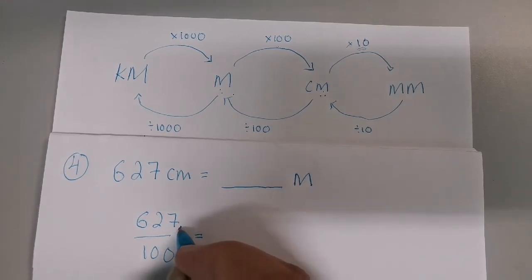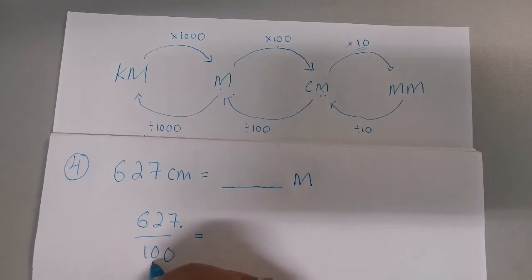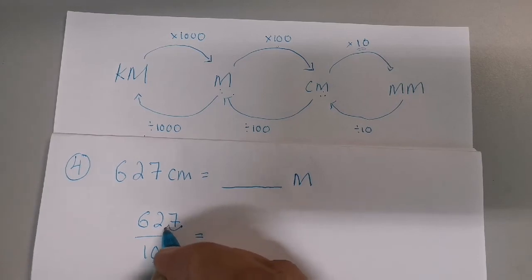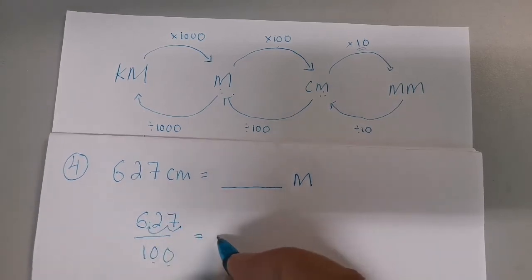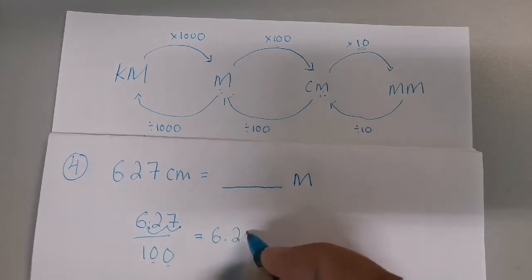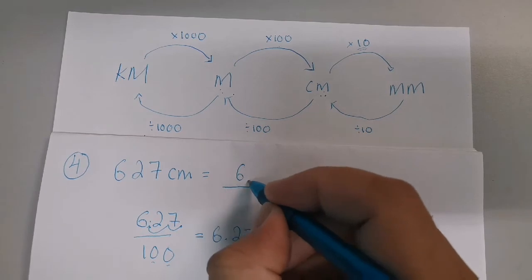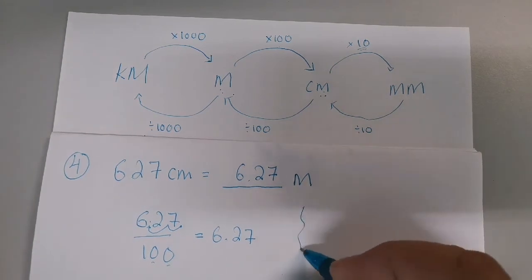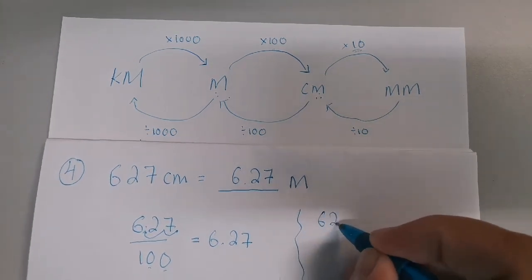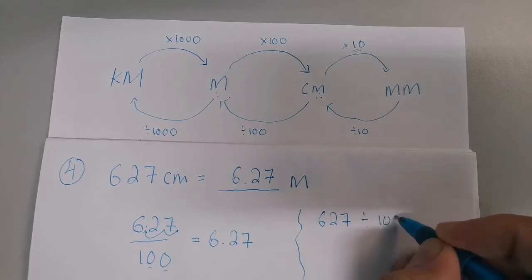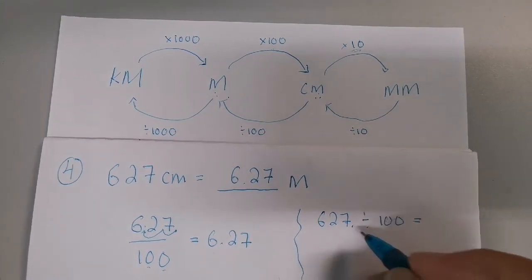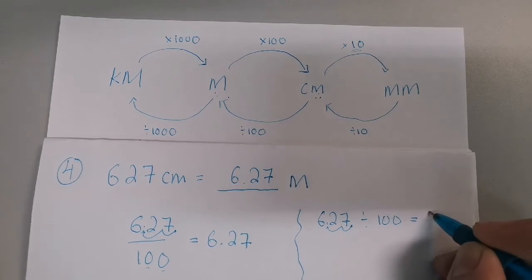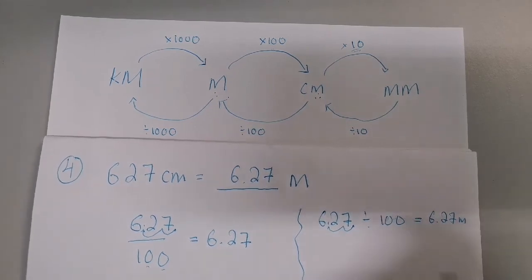You will need to shift your decimal point to the left how many times? Based on how many zeros there are in 100, which is two, you shift 2 times. 1, 2. Your answer should be 6.27 meter. If you use the normal method, 627 divide by 100, same method, the decimal point here, shift to the left 2 times. 1, 2. So you should be getting 6.27 meter.